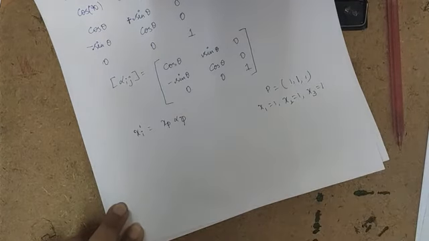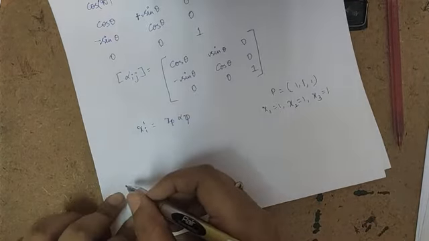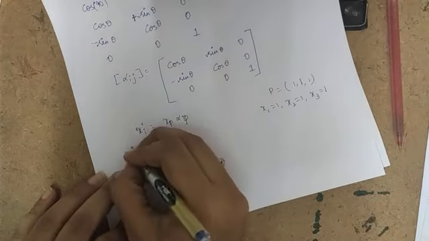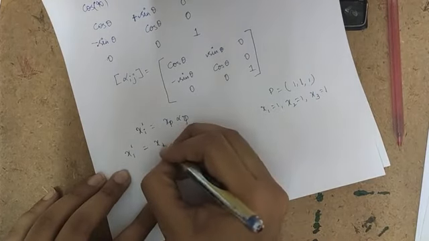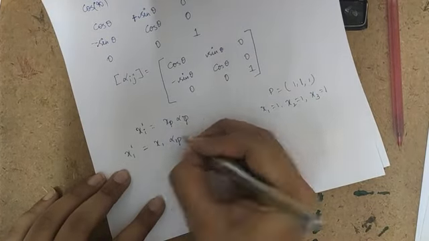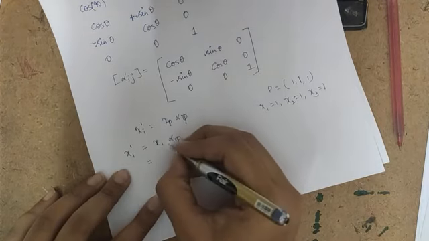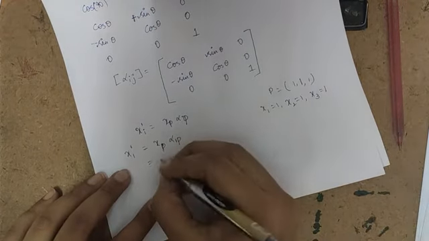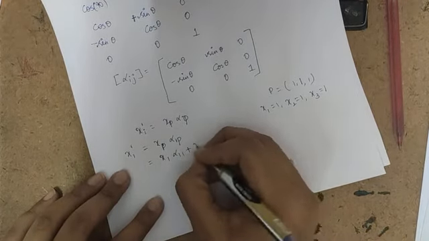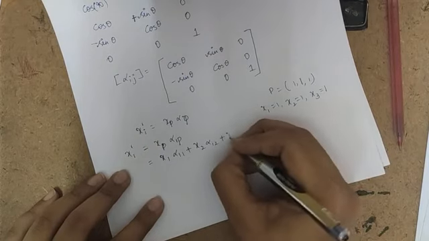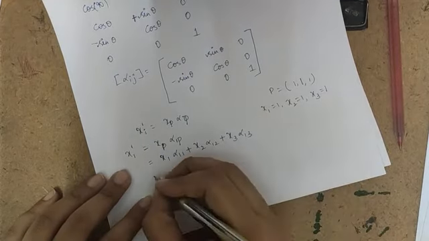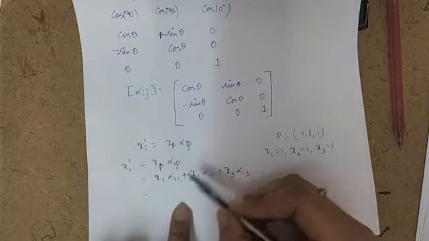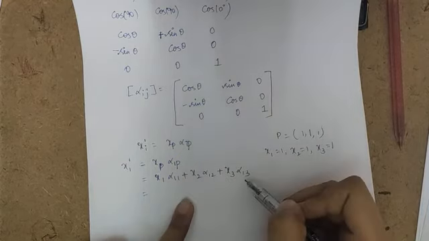Using this I will find the values of p in the xi prime system. So x1 prime is equal to xp into alpha 1p. If I give values to p, I will get x1 alpha 11 plus x2 alpha 12 plus x3 alpha 13. So from my matrix I can write the values of alpha 11, alpha 12, alpha 13.